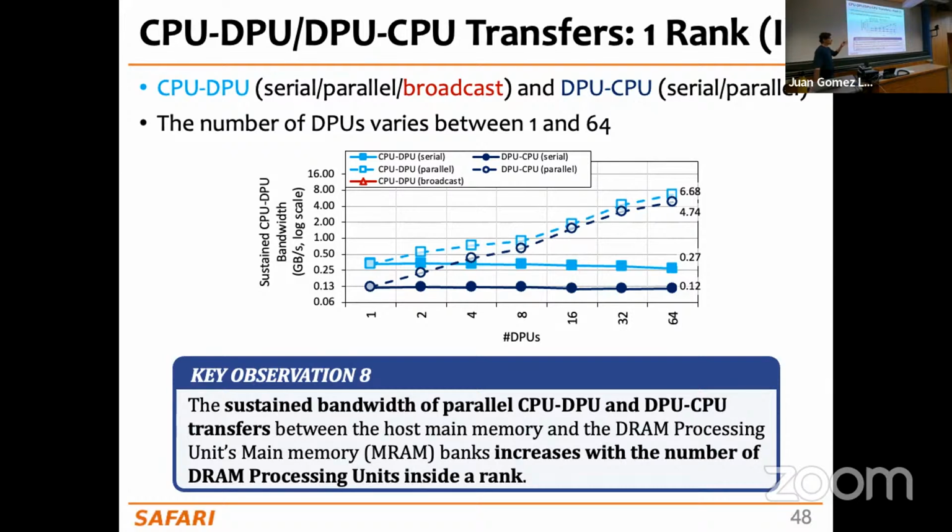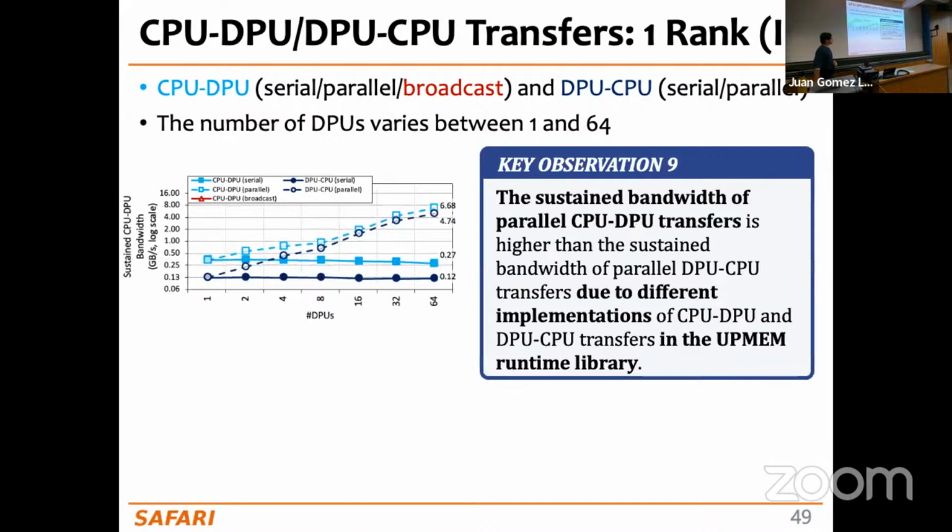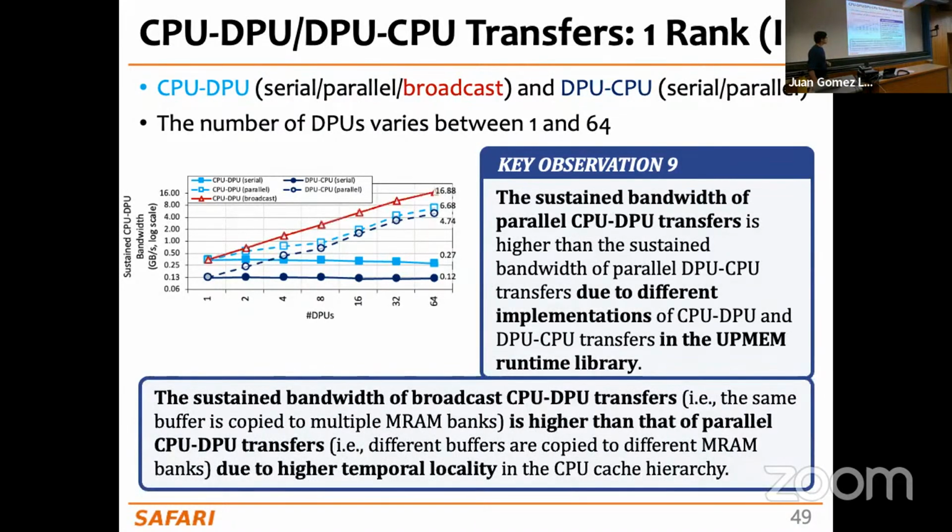But as I said, these are just some experiments to see more or less what's the ballpark that we are working on for different data transfers. The sustained bandwidth of parallel CPU-DPU and DPU-CPU transfers is different for each direction due to different implementations, as I mentioned earlier.